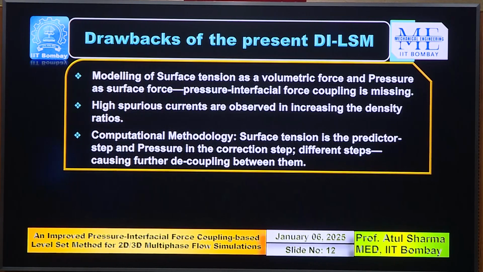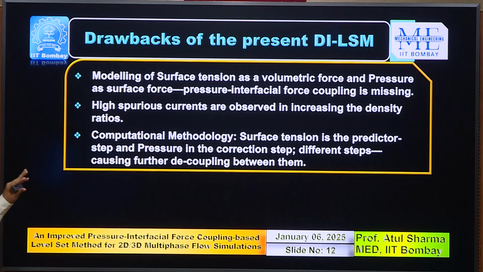Now, when you go to the computational methodology for the diffuse interface method presently, we use a predictor corrector approach. The surface tension is implemented in the predictor step while pressure comes much later in the correction step.